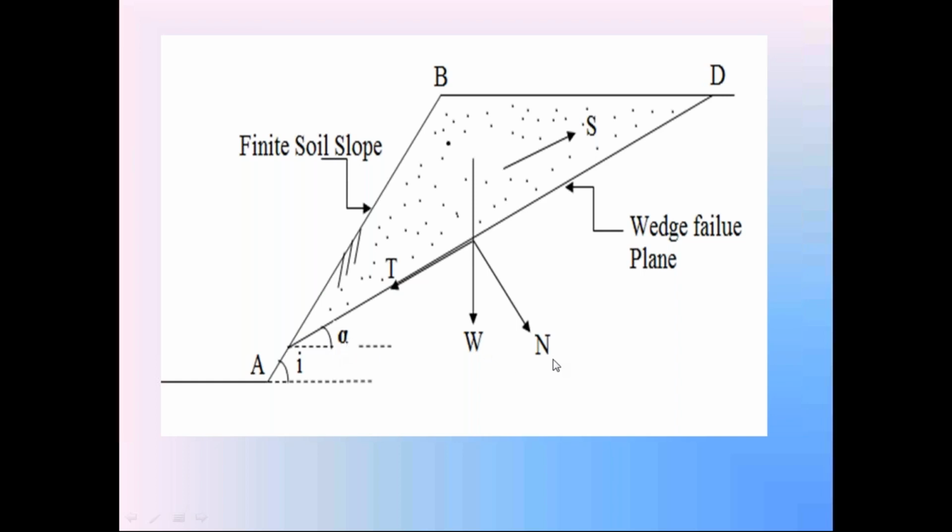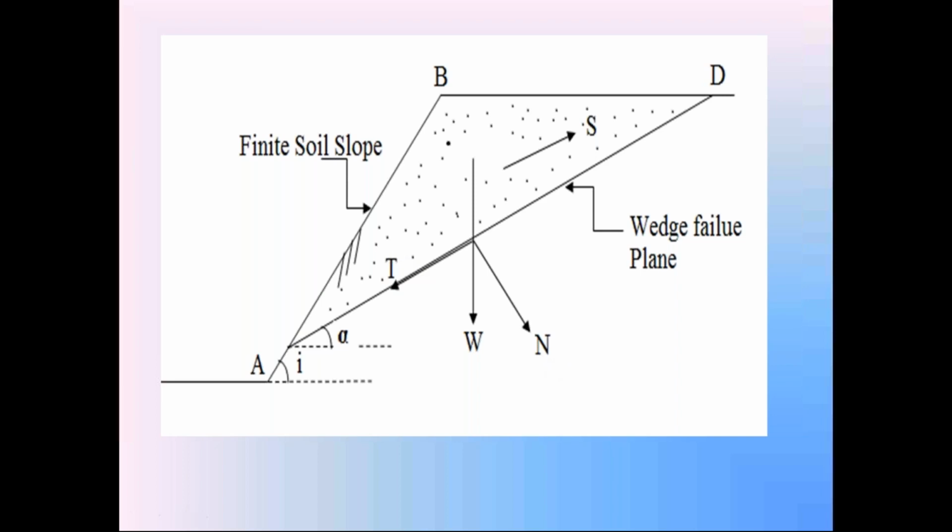So N is equal to W cos alpha, T is equal to W sin alpha. Since we know the value of W, we can calculate N and T.